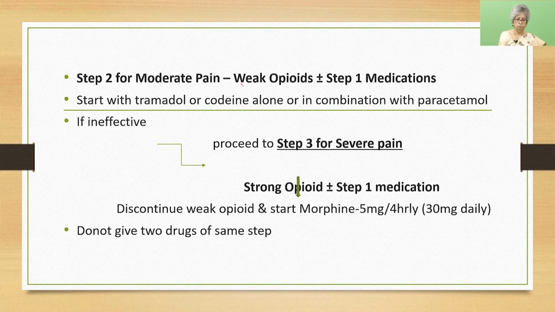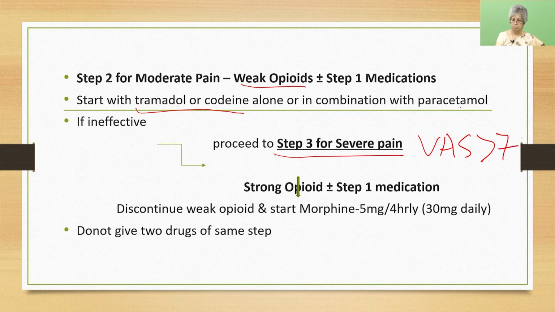In this you use a weak opioid, again a narcotic drug, but a weak narcotic. Here, in adults, we are using tramadol and codeine, again combined with paracetamol, which will be complementary therapy. If the patient still has pain, and pain is not relieved, then you can go to step 3, which is for severe pain, where your VAS score is more than 7.